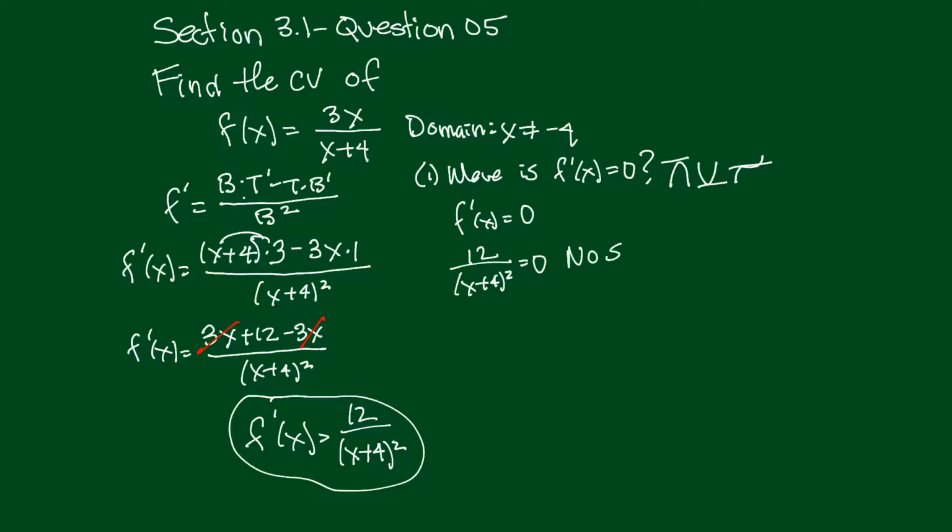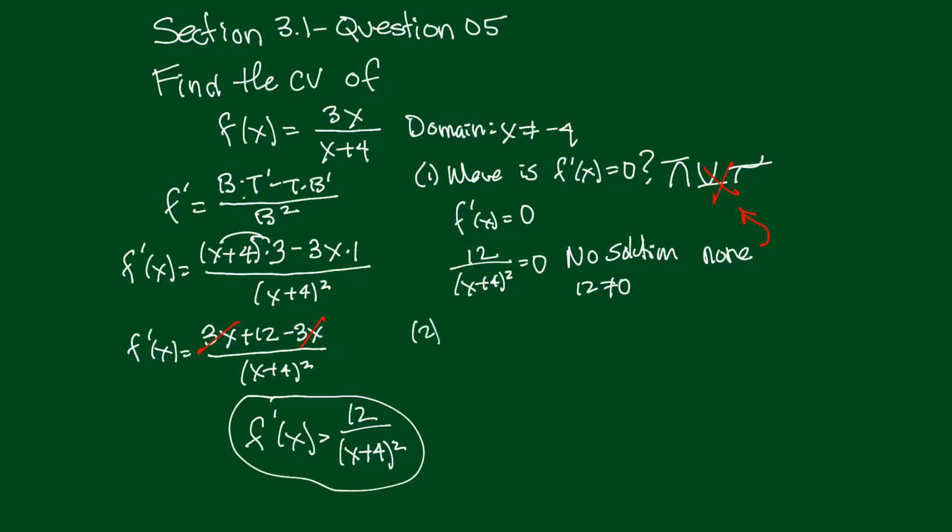No solution here. What we've got is a fraction, and the only way a fraction can be 0 is if the numerator is 0. But this is a 12, and 12 is not equal to 0, so there's no way that this can be 0. So there are no critical values of this type. We're going to get none of those.